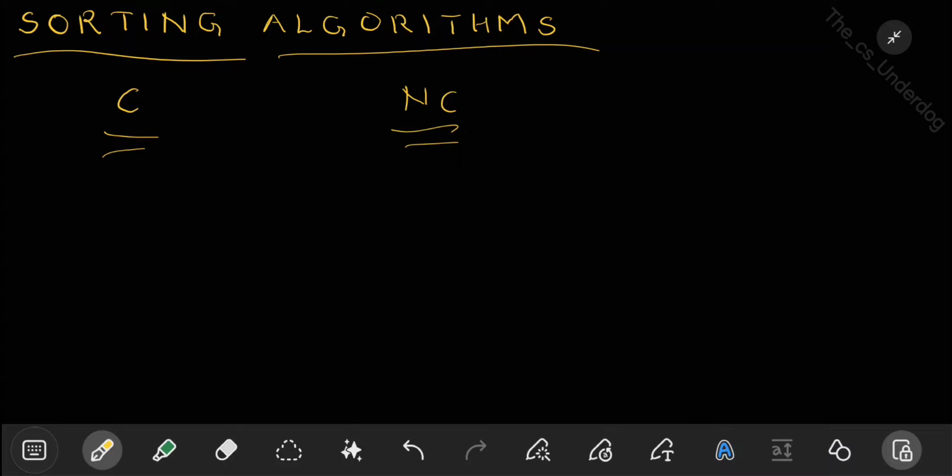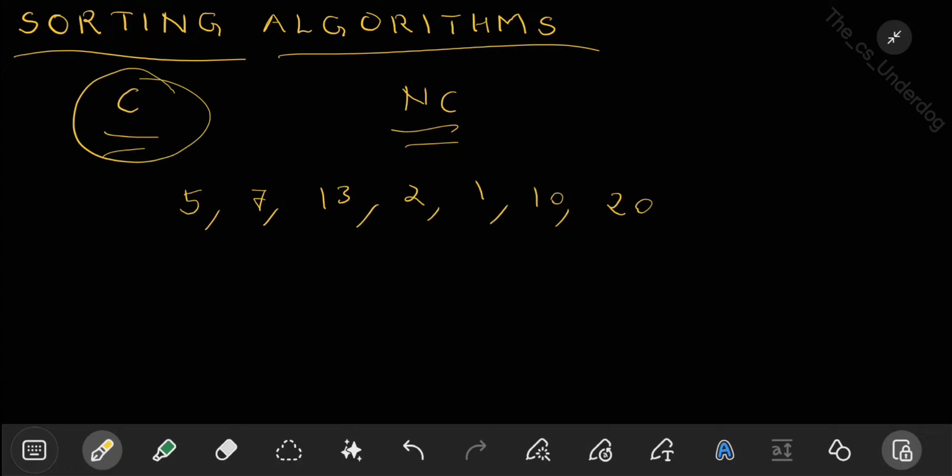So in order to understand this, let us take an example. Let us say this is your data set: 5, 7, 13, 2, 1, 10, 20, something like this. This is your data set. In comparison based sorting, what you do is you directly compare the elements in order to understand which one is smaller, which one is larger, and how should you place these.